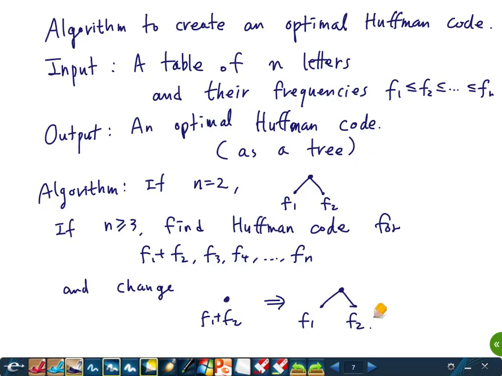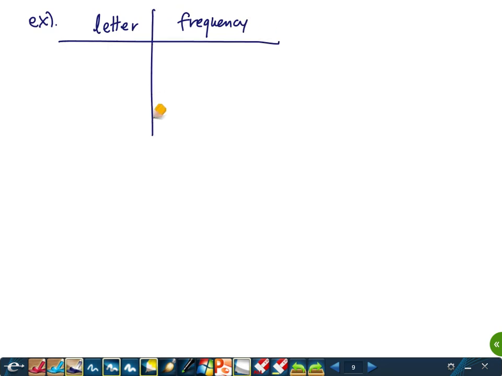Okay, so recursive, it's rather simple. It's best to describe using an example, of course. So we are given this table of letters and frequencies: A, B, C, D, E. Frequencies are 2, 3, 7, 8, 12.